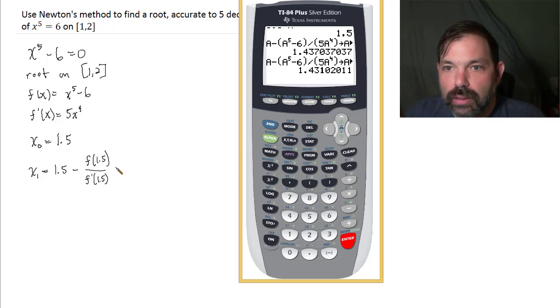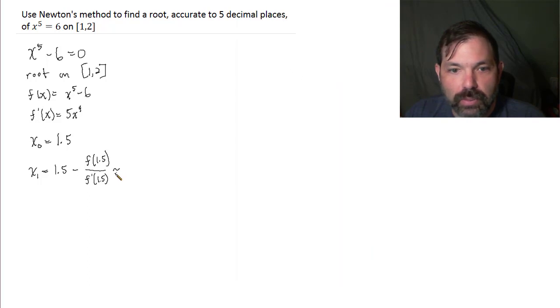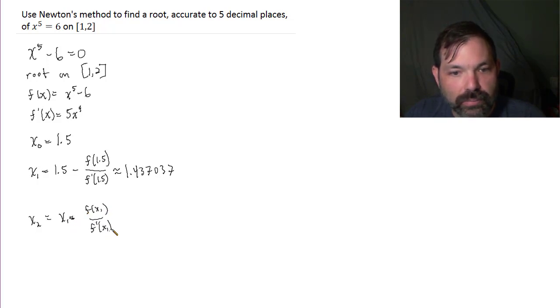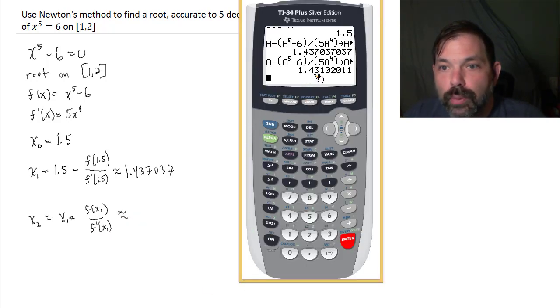So the X1 is approximately 1.437037, and then the X2, which is X1 minus f of X1 over f prime at X1, ended up being 1.431020.